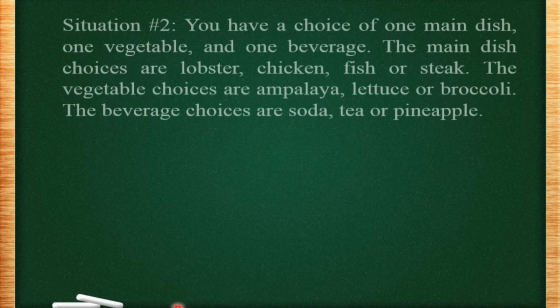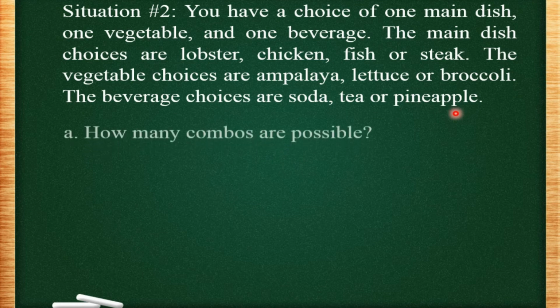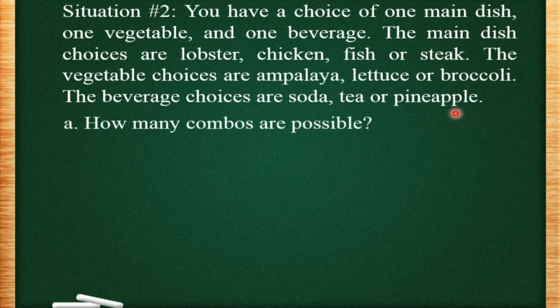For situation 2, you have a choice of one main dish, one vegetable, and one beverage. The main dish choices are lobster, chicken, fish, or steak. The vegetable choices are ampalaya, lettuce, or broccoli. The beverage choices are soda, tea, or pineapple. How many combos are possible?